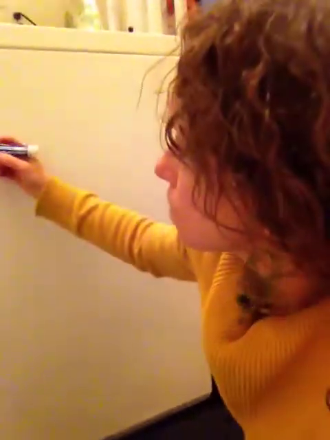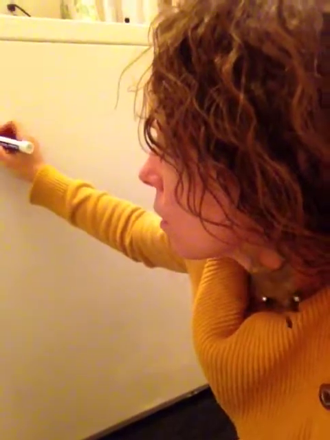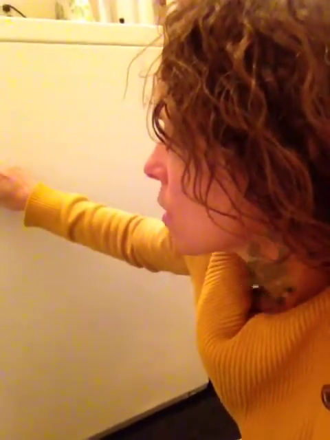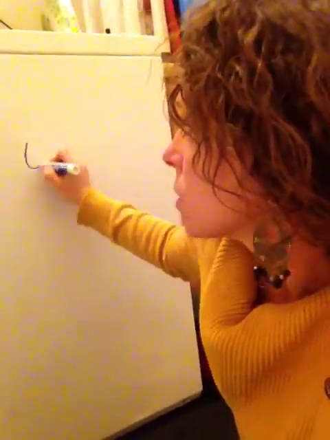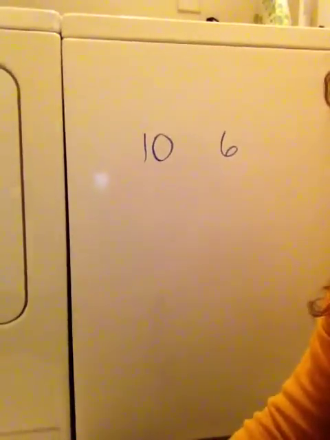So let's talk about 5.5. This is the least common multiple. So let's do this problem. I'm going to use 10 and 6. So I want the least common multiple of 10 and 6.